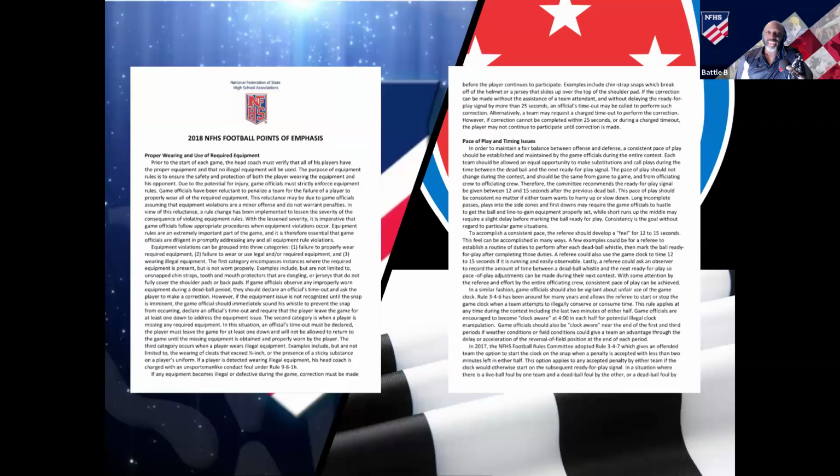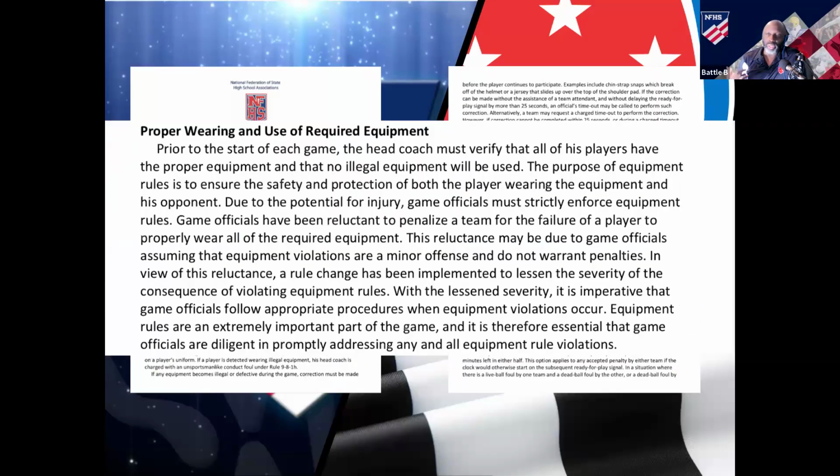Now, it took just less than 12 months, and proper wearing and use of required equipment became a point of emphasis in 2018. But this time, let's read this first, then we'll go read other stuff. It says, prior to the start of each game, the head coach must verify that all players have their proper equipment and that no illegal equipment will be used. This is very important.